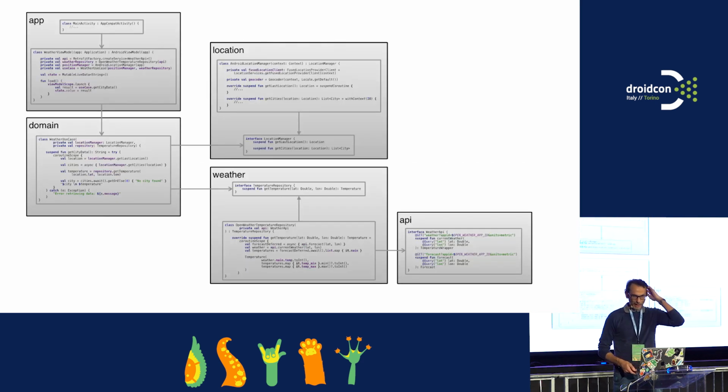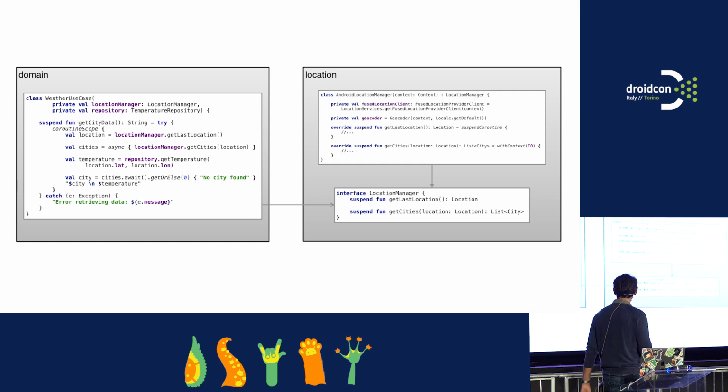So let's take a look at our example again. And let's see these dependencies between domain and location. So we have the use case that depends on the location manager, and then the Android location manager that implements the location manager.